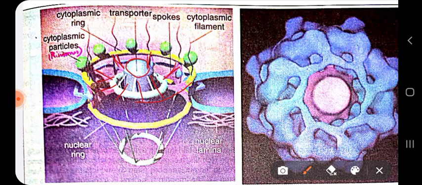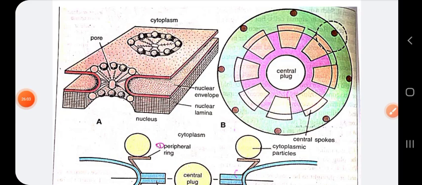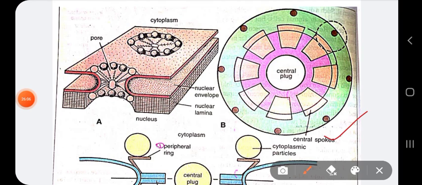So now I am going to show you a more appropriate diagram of the nuclear pore complex. This is your upper view. From the upside view you can see the central plug and the two rings, this one and the outer ring like this one.